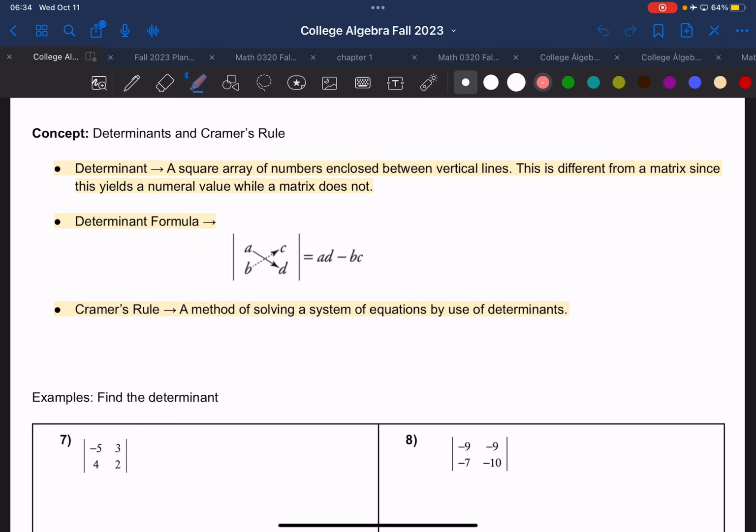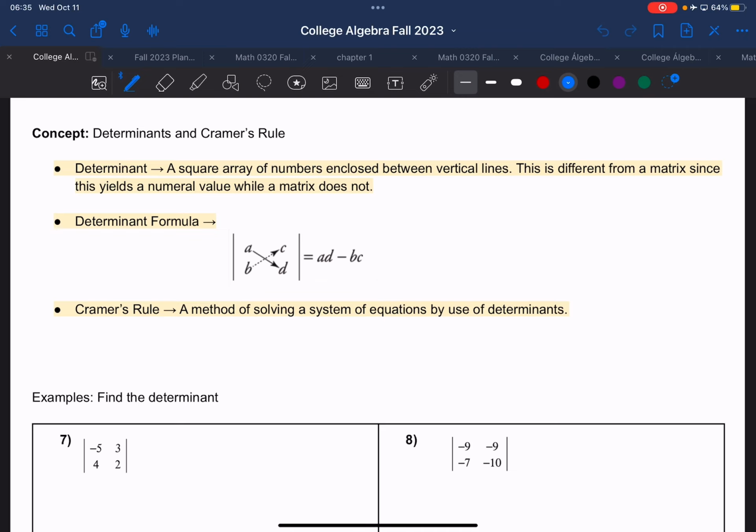So the determinant formula is these vertical lines and then the A, B, C, D. Remember, we can find this A, B, C, D from our system of equations, but in these cases, we're going to give you the numbers already in the determinant, and we're just going to practice solving them.